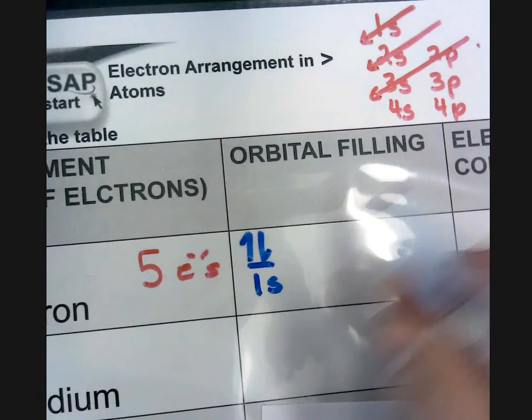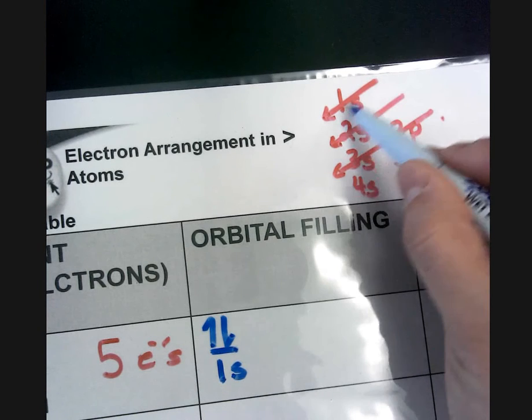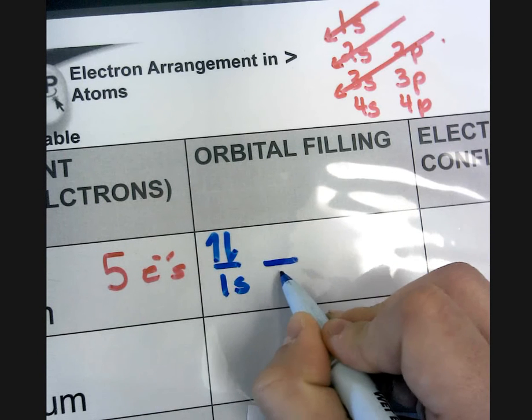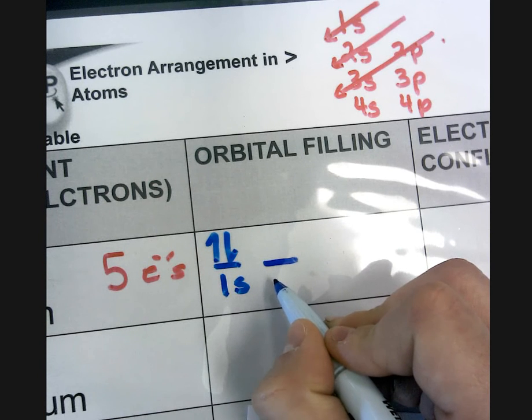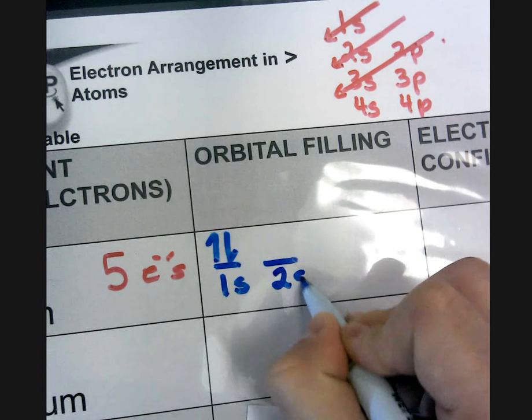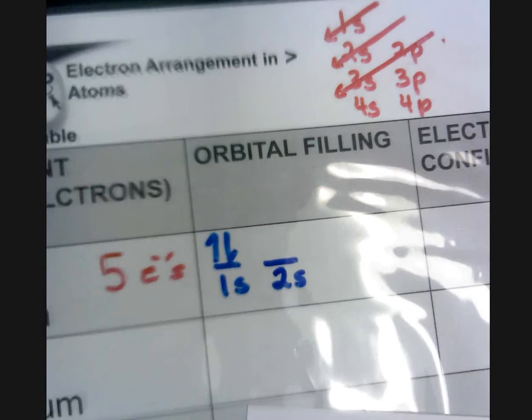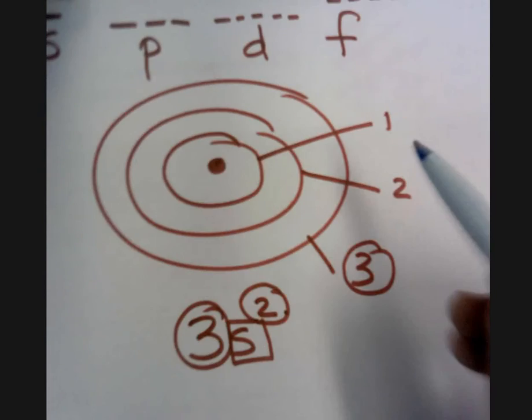So, what comes after the 1s? Now we go to the 2s. We put a line, since s only holds one orbital. The 1 and the 2 are only telling you that now we are looking at the second energy level.